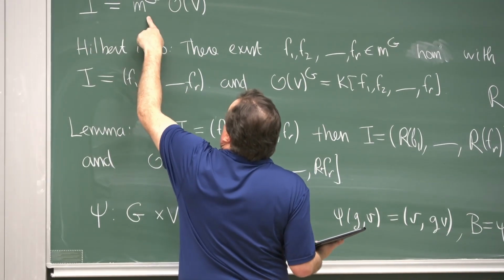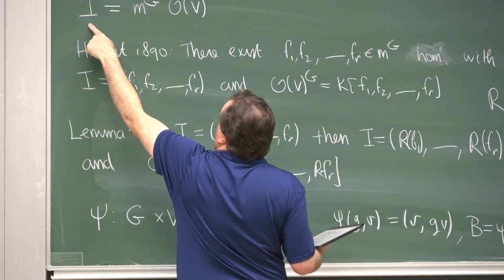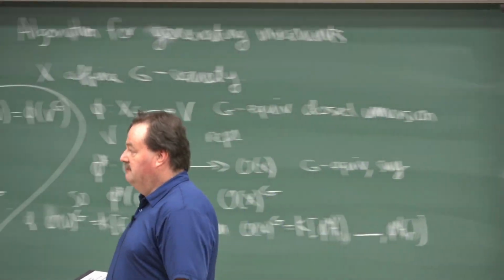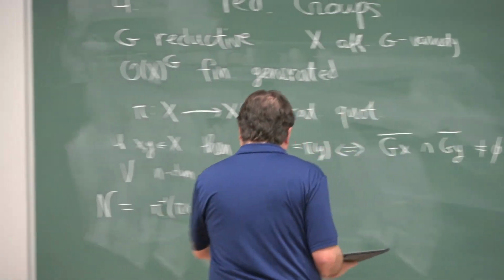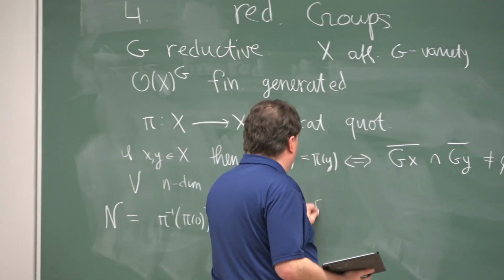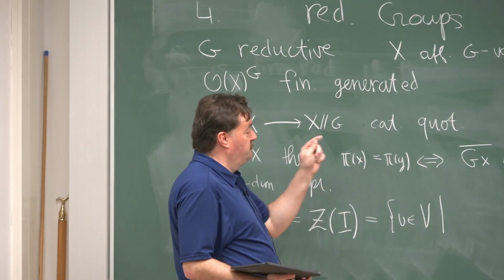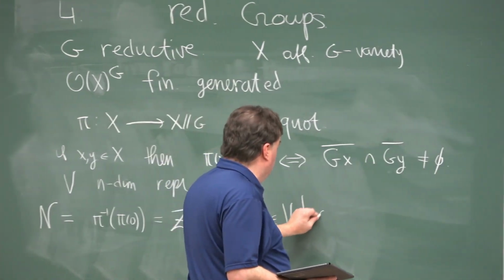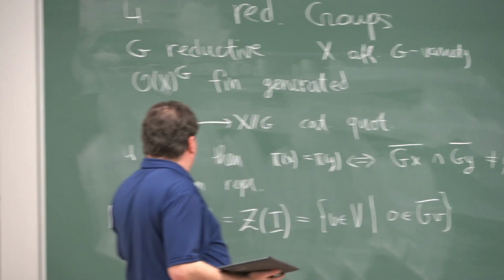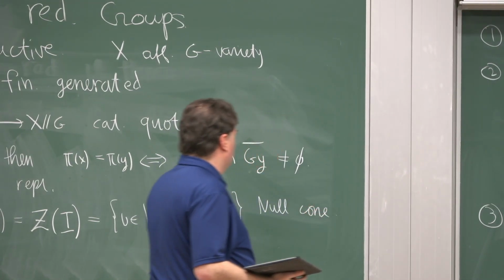So we defined I as this ideal generated by all invariants. This ideal MG corresponds to pi of 0, and then this I is an ideal whose zero set is the inverse image of this. And also, if you look at this property here, you see that this is the set of all v in V such that the orbit closure of v intersects with the orbit closure of 0, which is another way of saying that 0 lies in the orbit closure. Right? And so this is a so-called Hilbert's null cone.